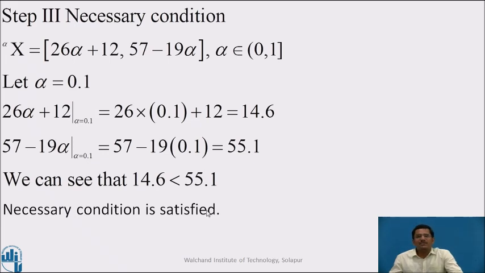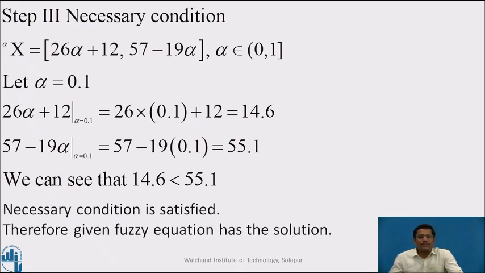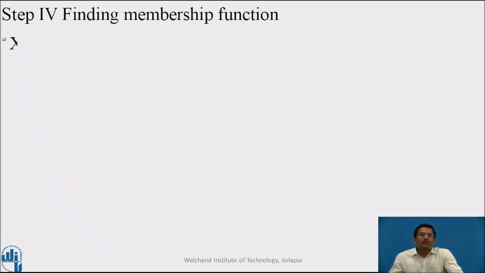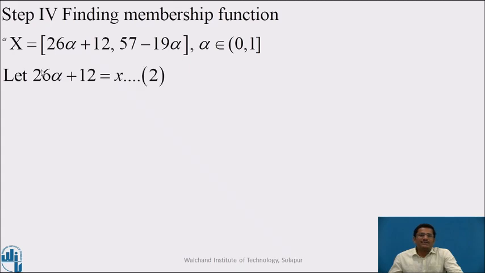Once the necessary condition is satisfied, with the help of this alpha cut of x, we can find the membership function of X, which is our required solution. Now let us consider the initial point of the alpha cut of x, equate it to x, and find the value of alpha from this equation, which we obtain as alpha equal to (x minus 12) upon 26.